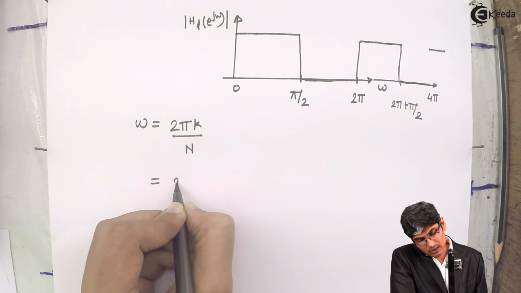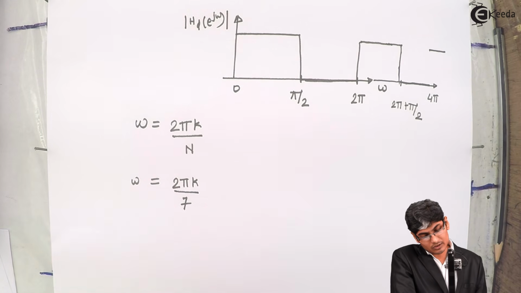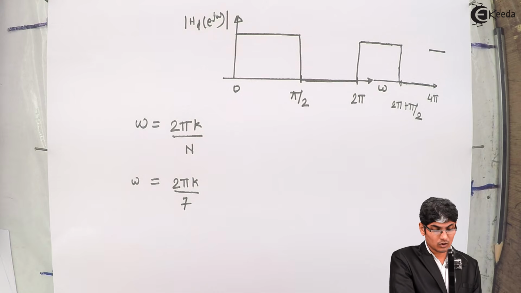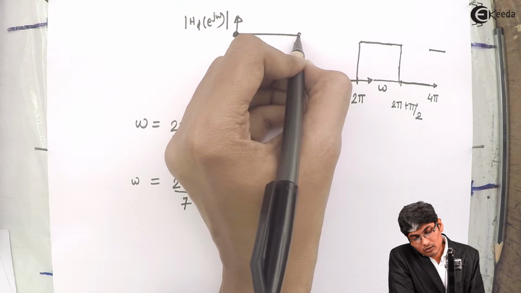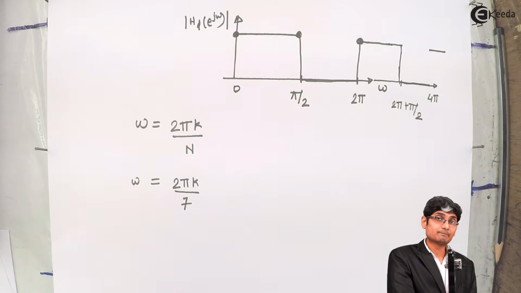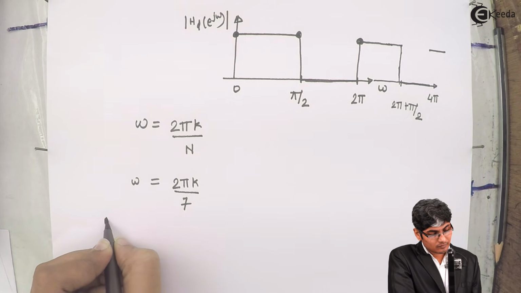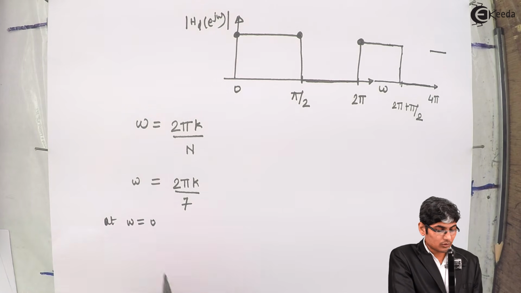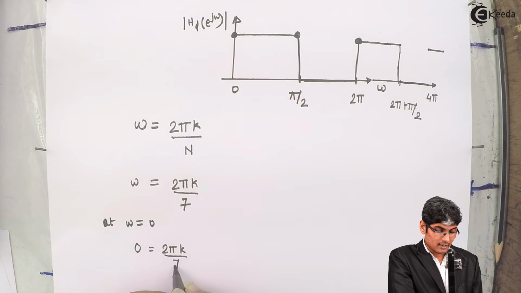So if I substitute the value of M, I am going to get 2 pi k by 7, which is omega. Now from the problem I know the value at omega equal to 0, the value at pi by 2, and also the value at 2 pi. Correct? So let us put first omega equal to 0. If I put omega equal to 0, I am going to get 0 equals 2 pi k by 7.